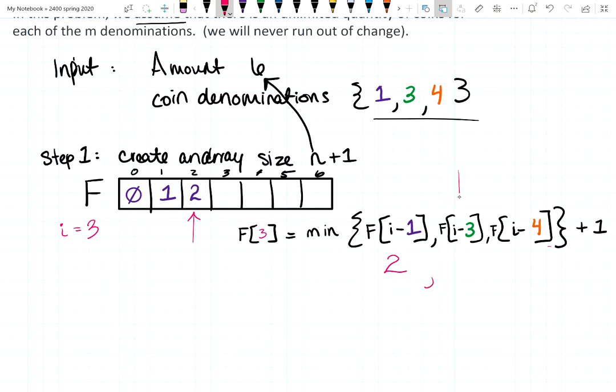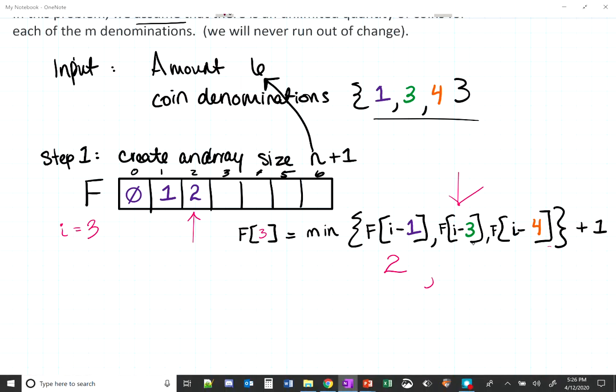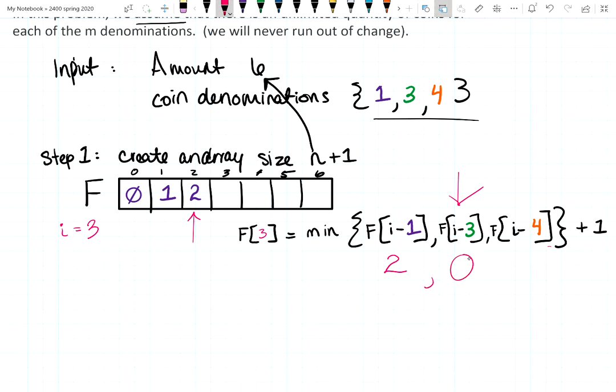This time we are going to include this second one for the coin denomination 3 because 3 is not larger than 3. So 3 minus 3 is 0. f of 0 is 0. And we are not going to look at coin 4 because 4 is larger than 3. So the minimum between 2 and 0 is 0. And we're going to add 1 to that, so it's just going to be 1.